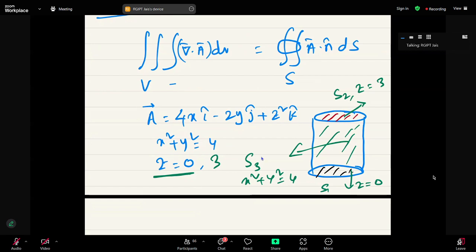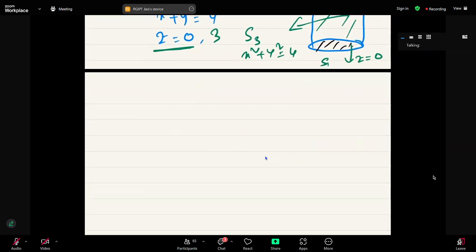How can you do the volume integral? Can you guys tell how you can do the volume integral here? So the volume integral, I told you, is the integral of divergence of A dV. What is the volume element dV in this case?